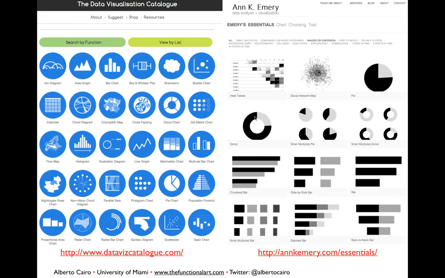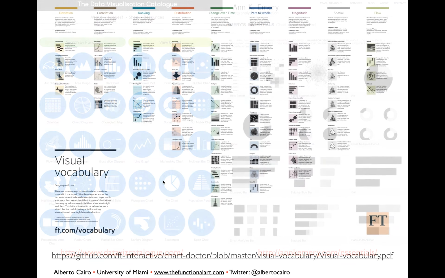For instance, the donut chart, unless it only has two portions, is not a very advisable graphic form to use. Or the radial bar chart. I mean, if you're going to do a bar chart, why are you going to make it radial, right? Just do a regular bar chart, which is easy to read and effective and useful, right? So even if these two websites are fantastic, there are always exceptions, I believe, in any advice.